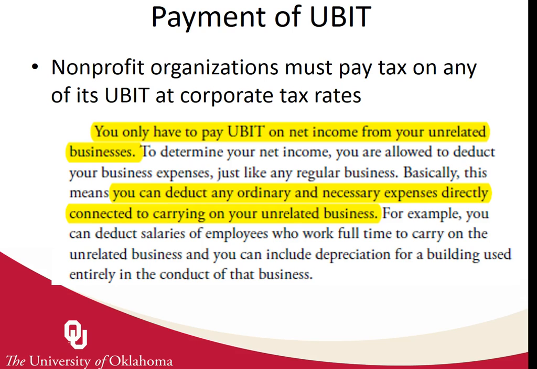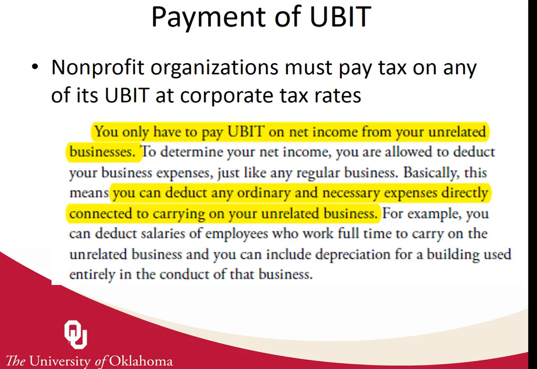How do you pay the UBIT tax if you have this as a nonprofit? You only pay the tax on the UBIT income, not on the total income, only that from unrelated business. And you can deduct ordinary expenses that are related directly to the generation of that UBIT. It's treated as if it is a for-profit segment within the nonprofit company.